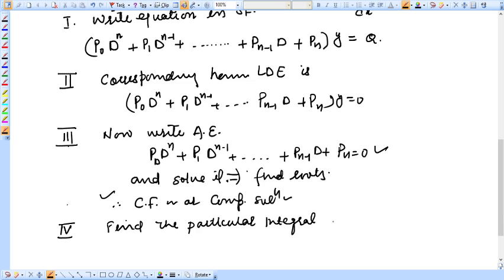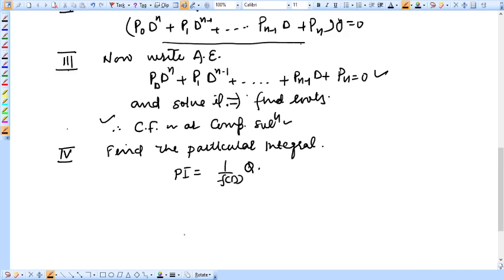As I told you, the particular integral is equal to the inverse operator of f(D) on Q. What is f(D) here? f(D) is this polynomial. So you have found the complementary function and the particular integral. Now what would be the complete solution? Complete solution is equal to complementary function plus particular integral. So this is your solution.